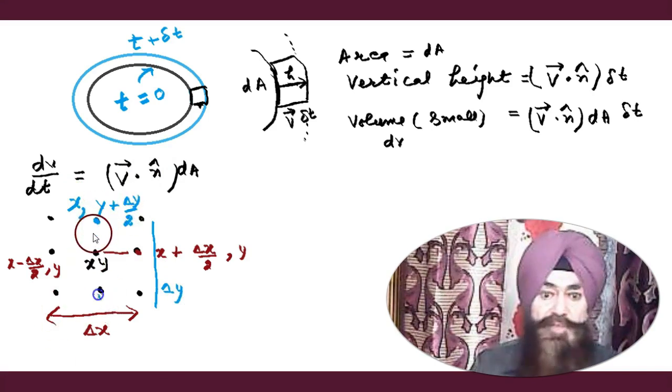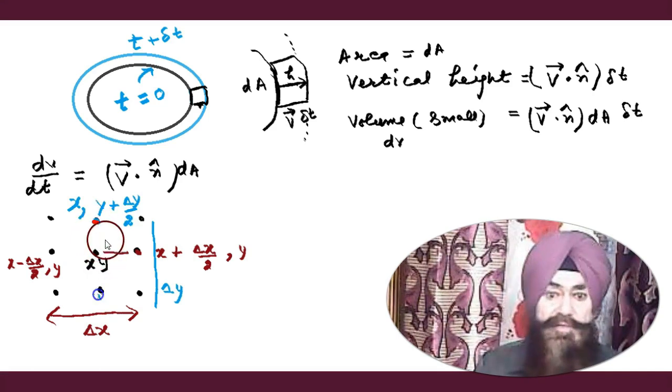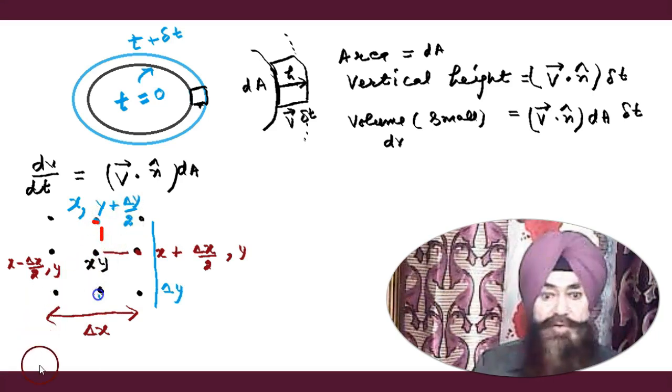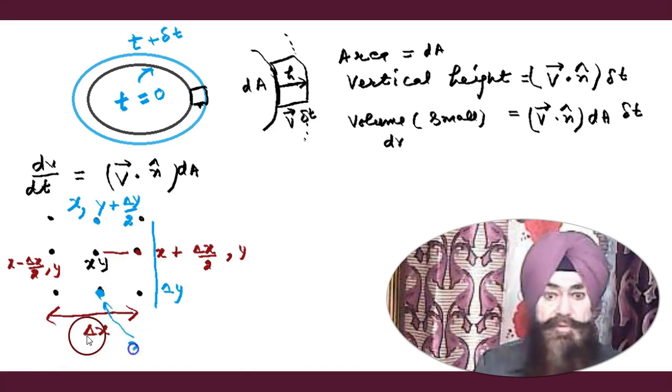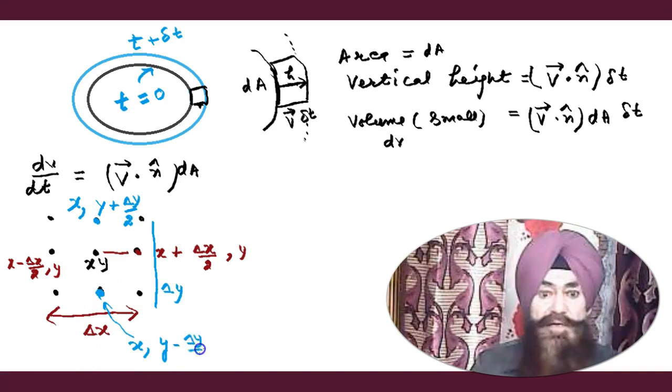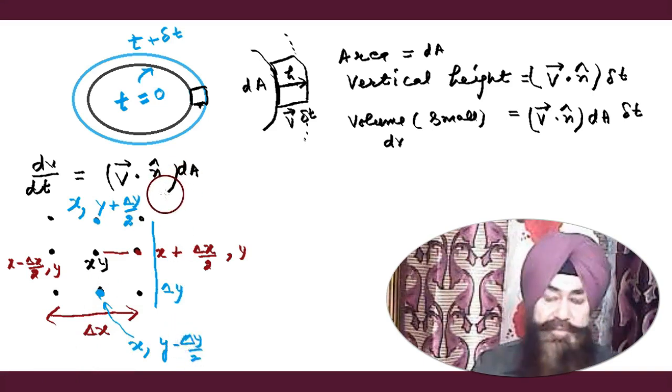And for this point, x is the same, but y has an increment from here to here, that is y plus delta y by 2. So the coordinate of this point is x and y minus delta y by 2.